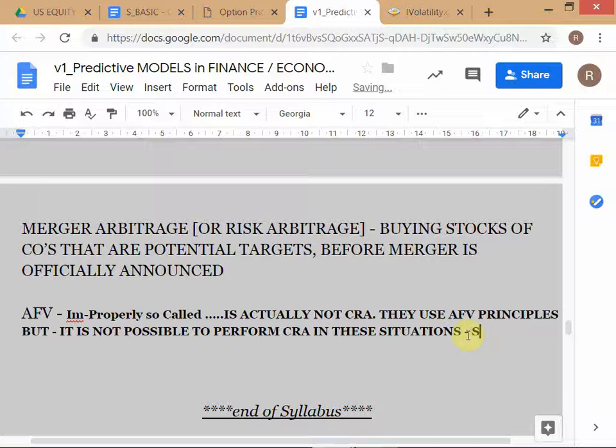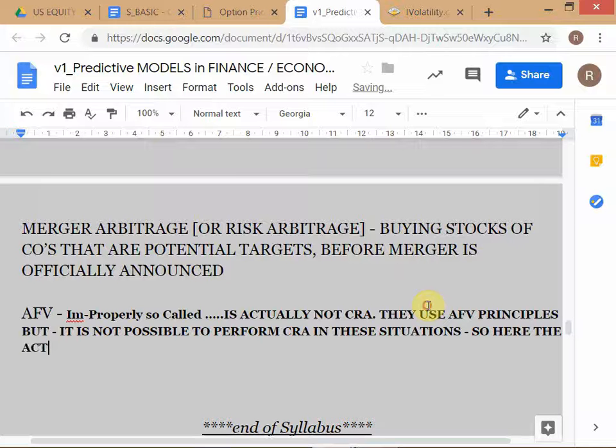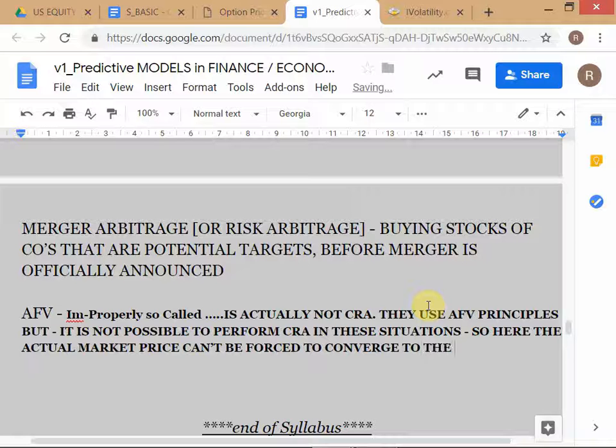Let me write it here, then I'll explain what I mean. Here the actual market price can't be forced to converge to the fair value which is calculated using AFP principles.